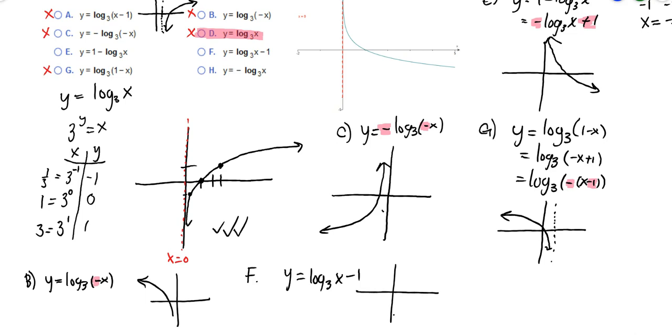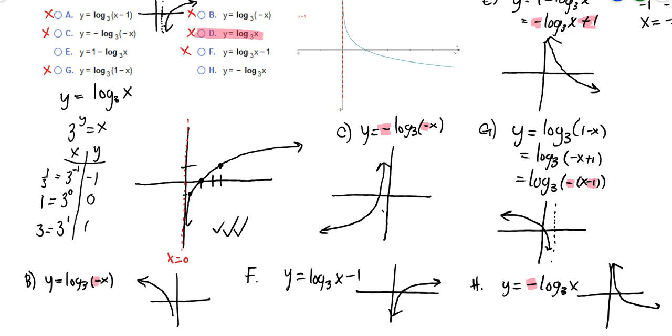Shift down would look like this, and that doesn't match. And answer choice H, y equals negative log base 3 of x. That negative reflects vertically. So reflecting vertically would make the graph look like this. And that's close as well.